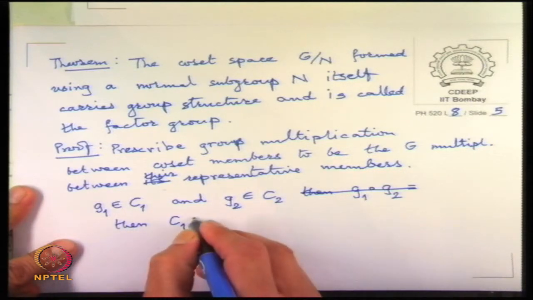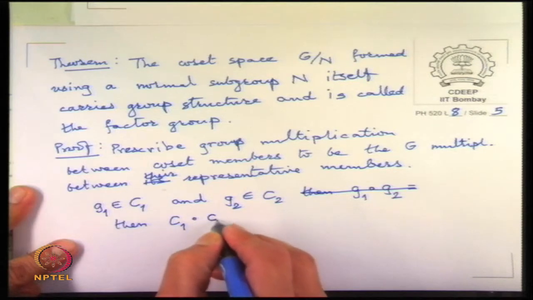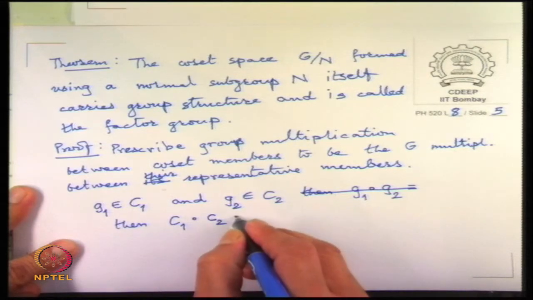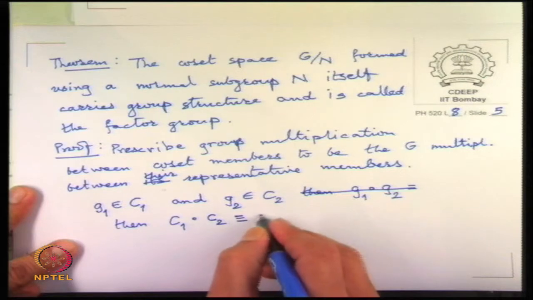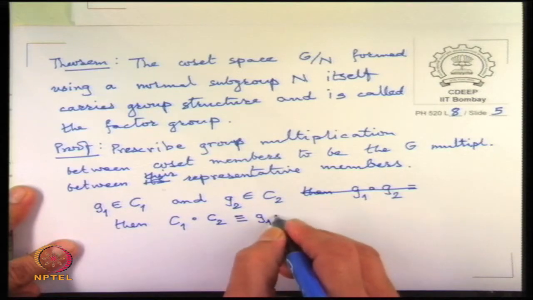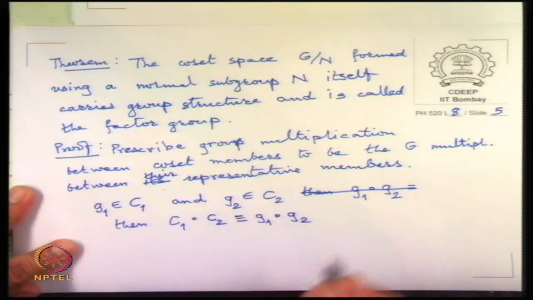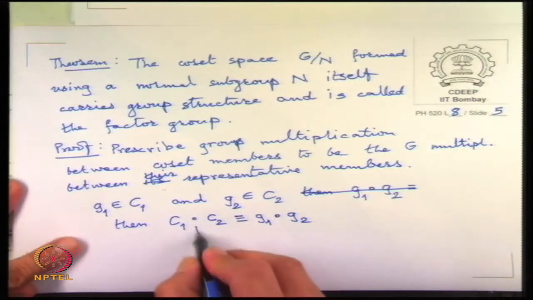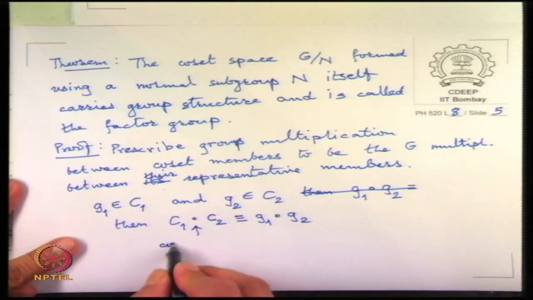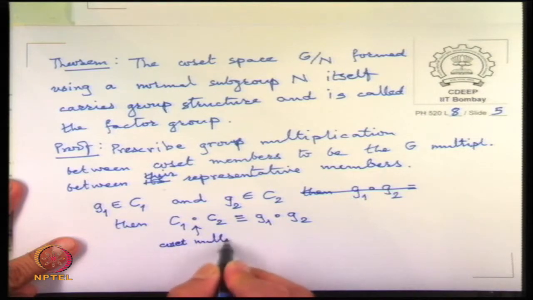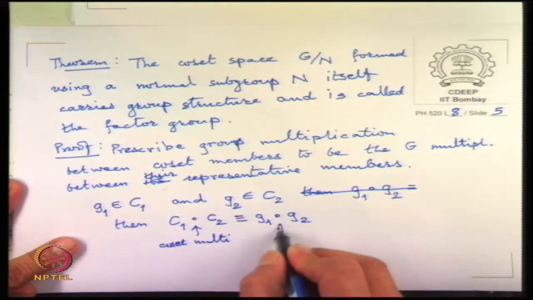So this is a multiplication of cosets, which is the same as G multiplication. So this is coset multiplication, or factor group multiplication, and this is G multiplication.